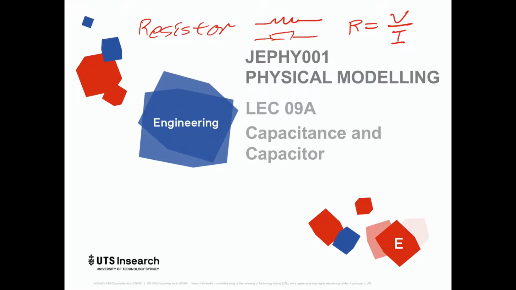Now, what it really means, if you imagine you have a battery here, you have a resistor. Now you can change the voltage. So you measure the voltage across, and you measure the current through the resistor.